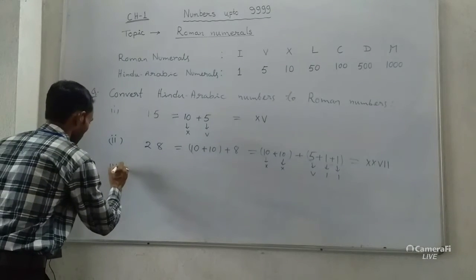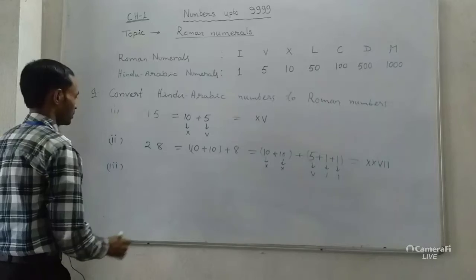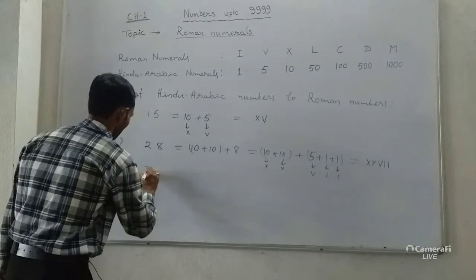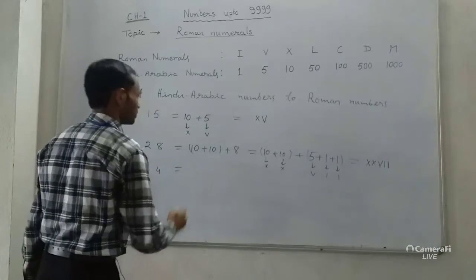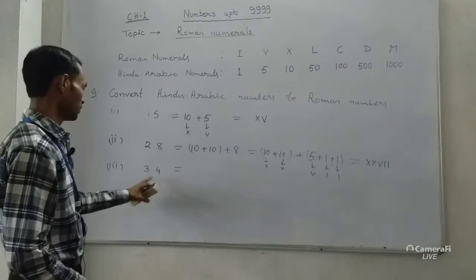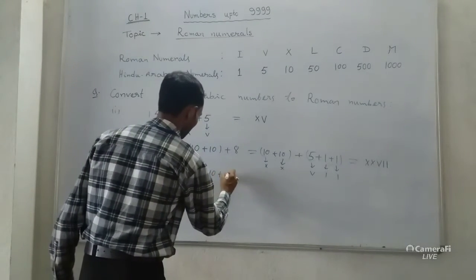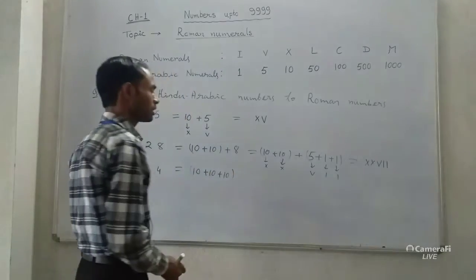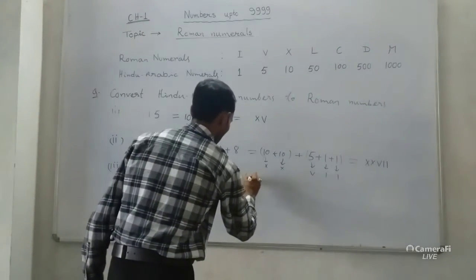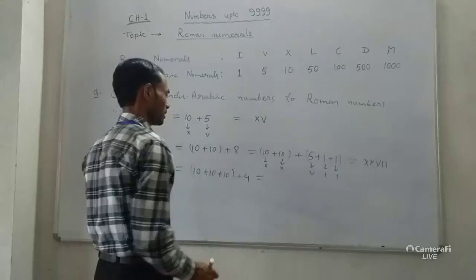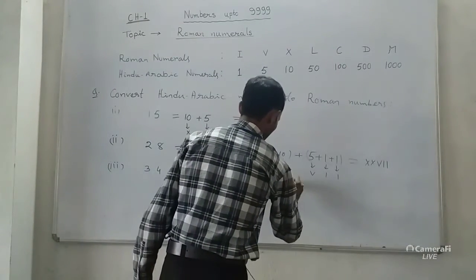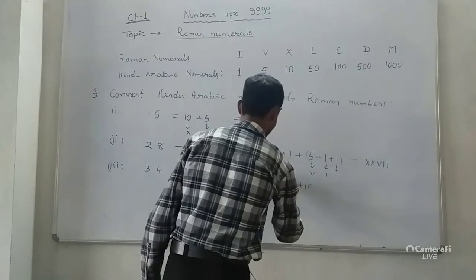Come to number 3, 34. So 34 will be expanded as 10 plus 10 plus 10, which makes 30, and plus 4. Okay.